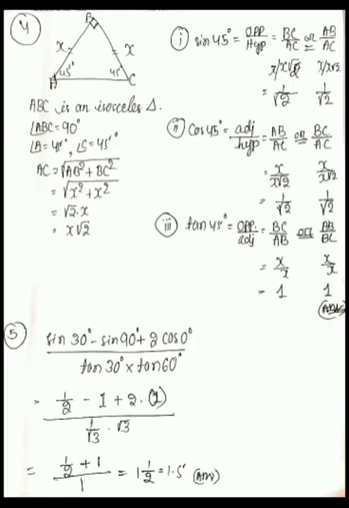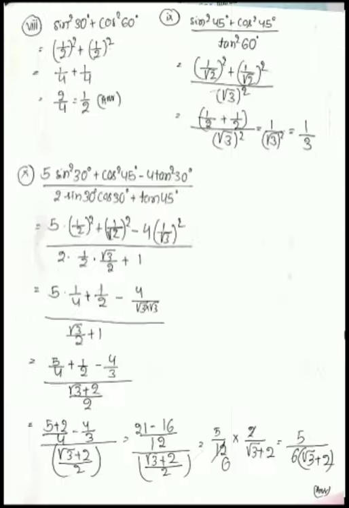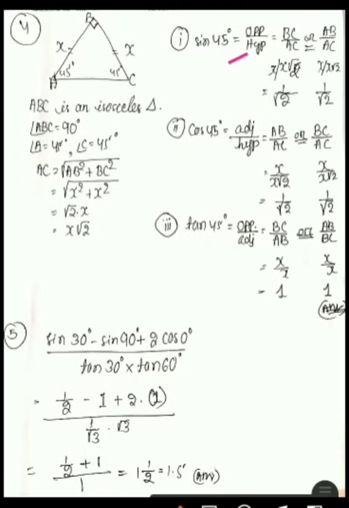Okay, now AC will be our hypotenuse, so hypotenuse equal to root of AB square plus BC square, we will get X root 2, AC equal to X root 2. So students, by taking the term SOHCAHTOA, okay, take sin 45 equal to opposite by hypotenuse, you will get 1 by root 2, cos 45 it is adjacent by hypotenuse, you will get 1 by root 2, and tan 45 that is opposite by adjacent, you will get 1.